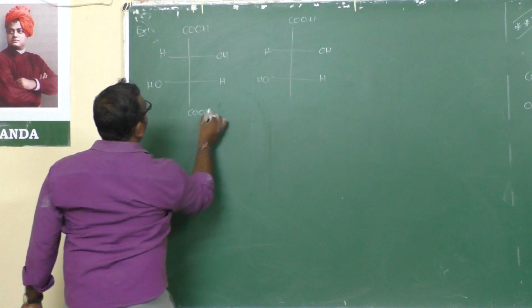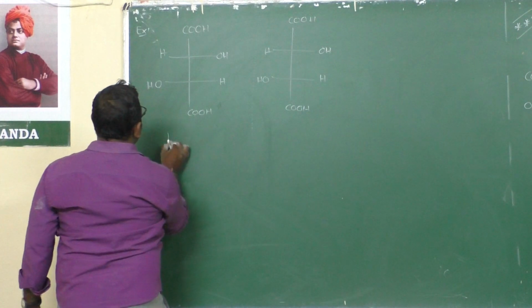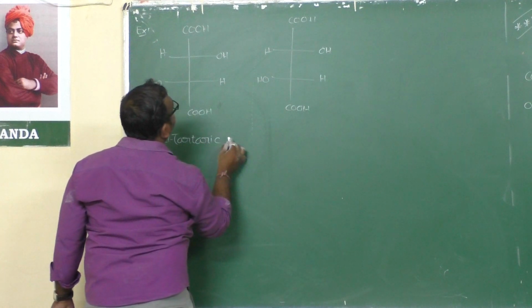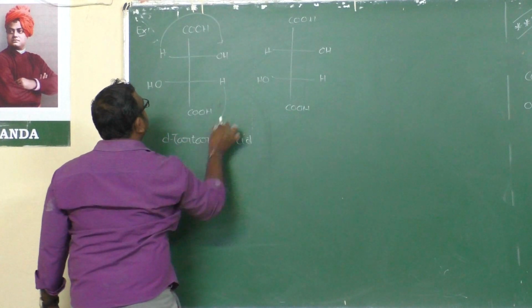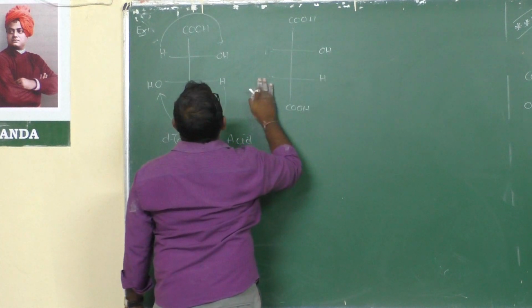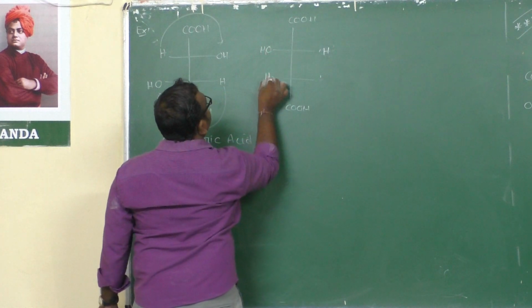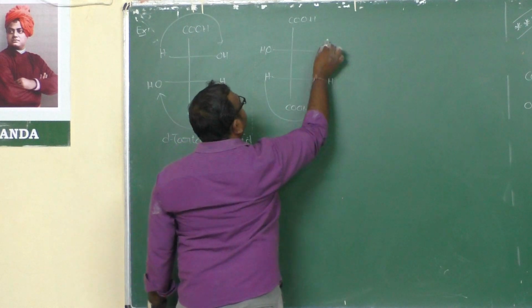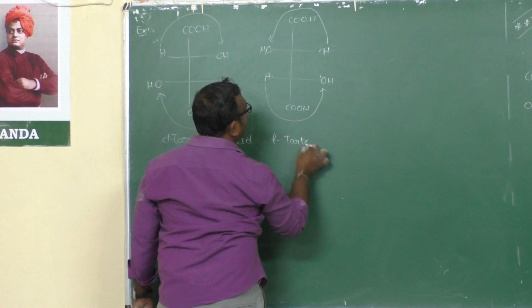This is D-tartaric acid. Here the rotation is in clockwise direction, but on reversing this one: H, OH, H, OH, it is in anti-clockwise direction, so this is L-tartaric acid.